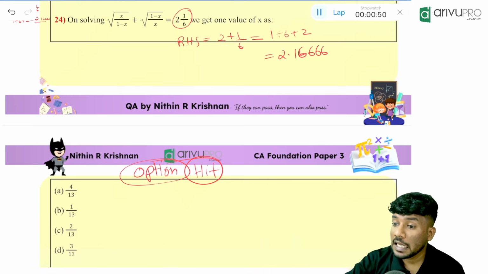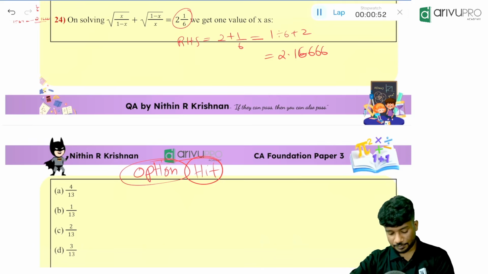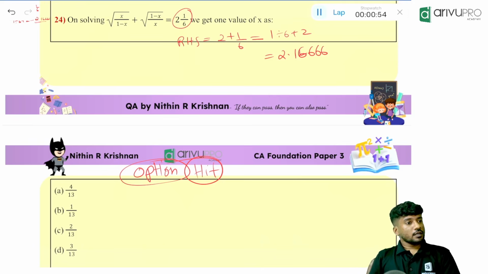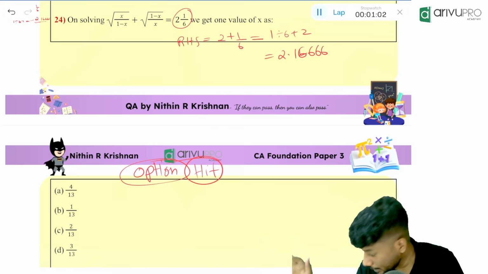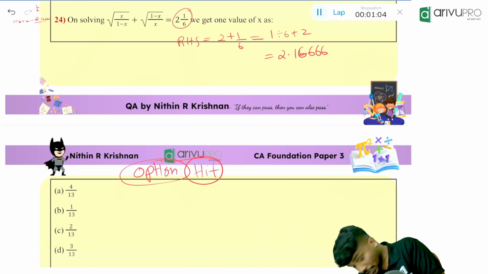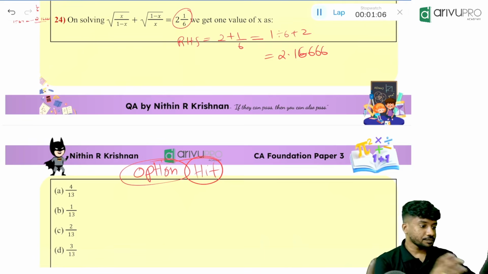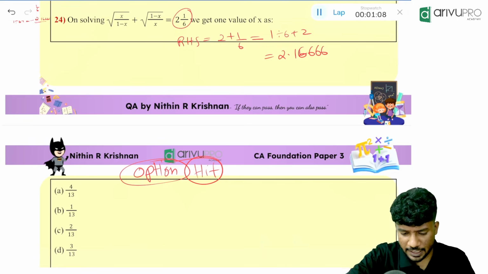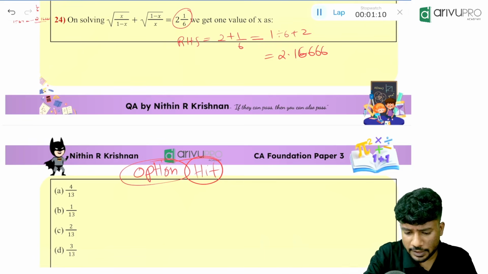Option A. Okay. Option A, option D, C. Okay. So first I will try option A. Everyone take your calculator. Even I will take my calculator. Okay. Option A is how much? X is equal to 4 by 13. Correct?